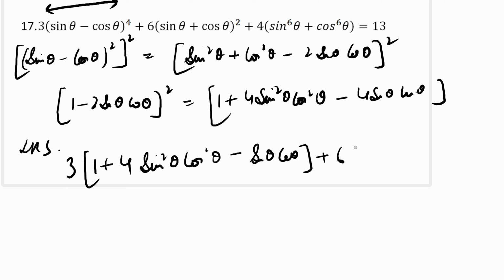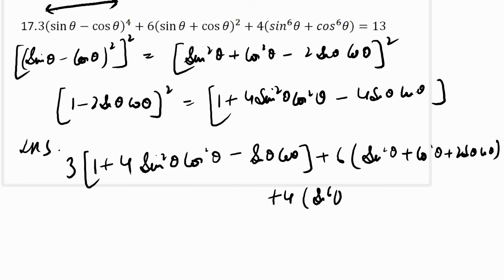Instead of this, we will write 6 (sin square theta plus cos square theta plus 2 sin theta cos theta) plus 4 (sin 6 theta plus cos 6 theta). Instead of sin 6 theta and cos 6 theta, we will do 4 ((sin square theta) whole cube plus (cos square theta) whole cube), and we will apply a cube plus b cube over here.